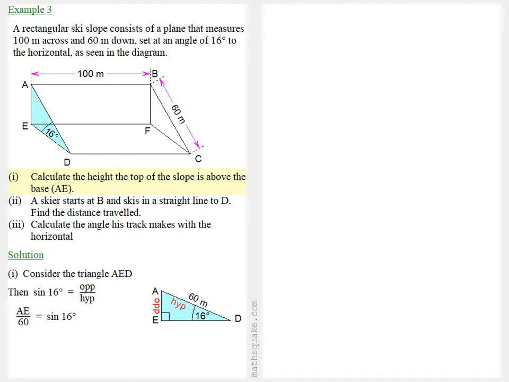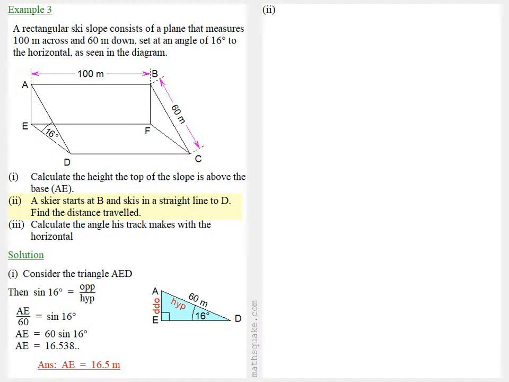If we multiply both sides by 60, we get AE equals 60 sine 16. Now that gives us AE is equal to 16.538. Rounding it off to one decimal place, we get the height AE is 16.5 meters.